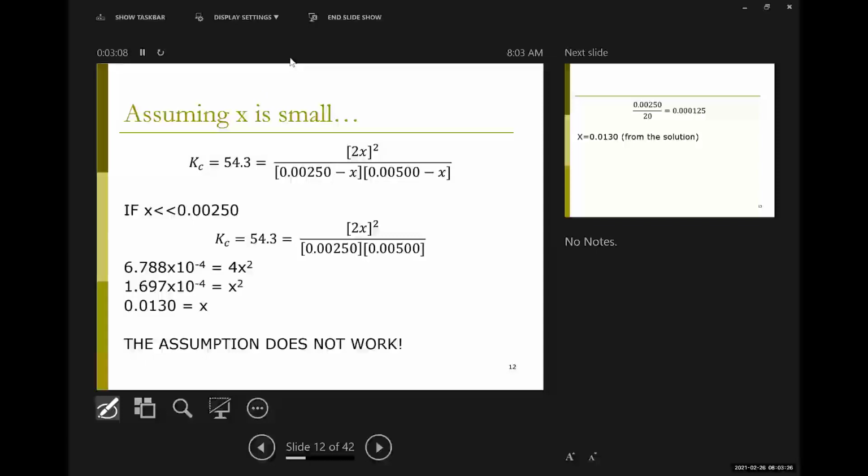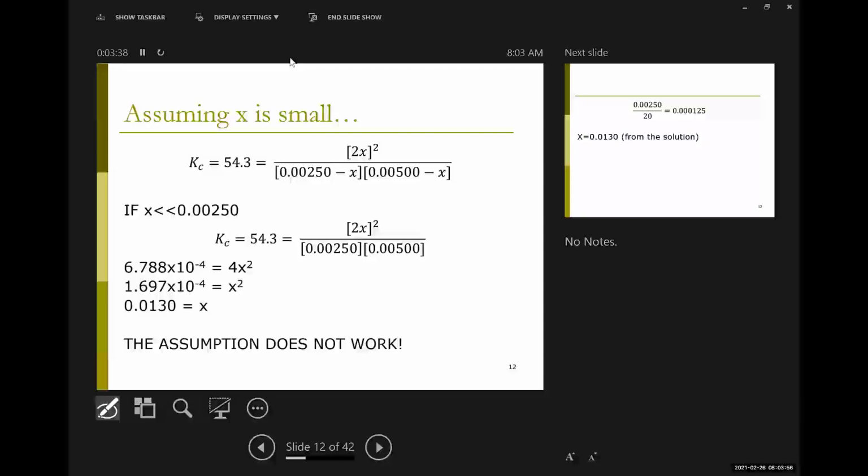So if I assume X is less than 0.0025, both X's in the denominator are insignificant in my assumption relative to the number I'm comparing them to. And so since they are insignificant, they disappear. And I just cross multiply, divide by 4, take the square root, and I get technically plus or minus 0.013.